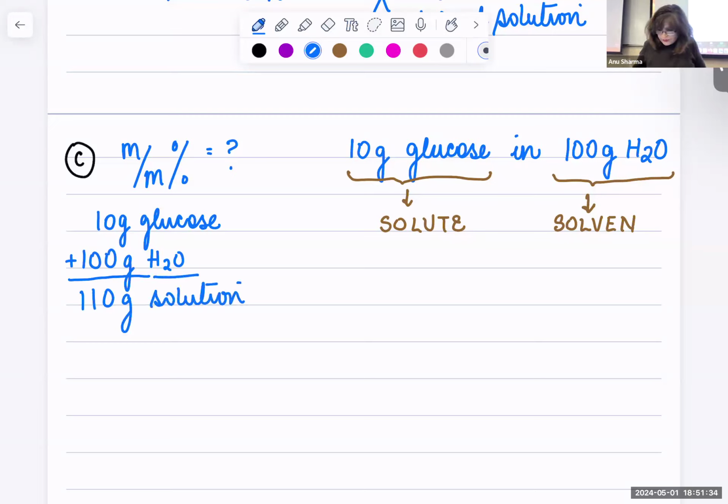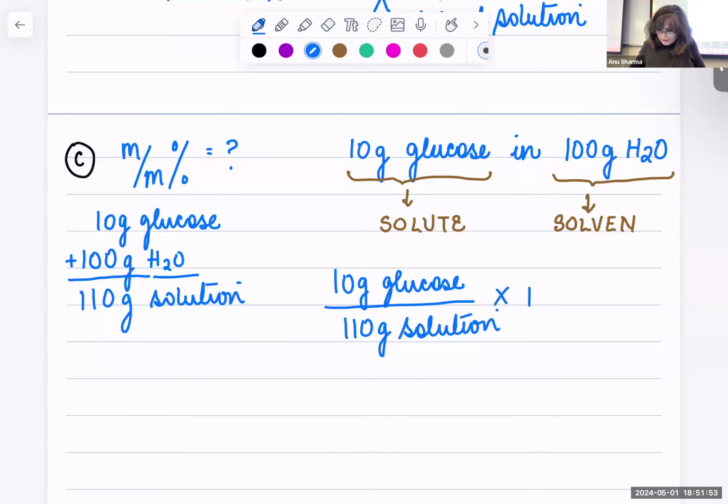Okay, so what will you do here now? 10 grams of glucose. And what will you do next? Divide by 110 grams of solution, right? And you're going to multiply that by 100%.